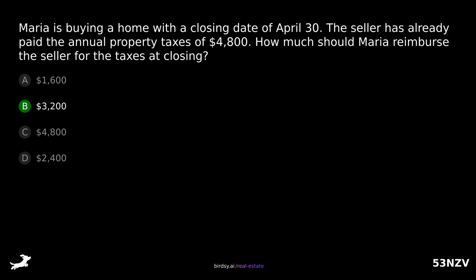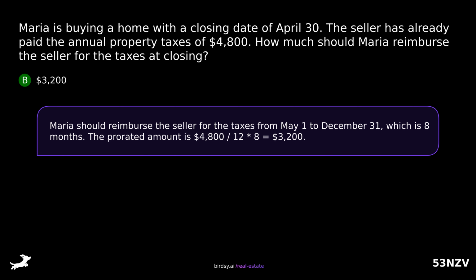The correct answer is B, $3,200. Maria should reimburse the seller for the taxes from May 1st to December 31st, which is 8 months. The prorated amount is $4,800 divided by 12 multiplied by 8, which equals $3,200.